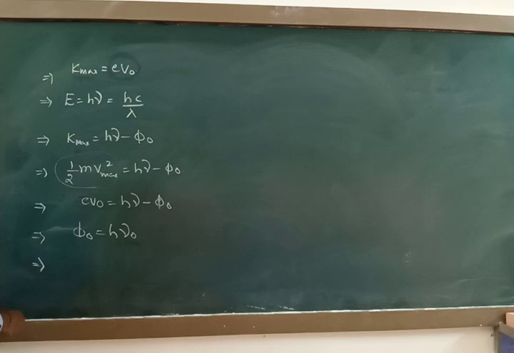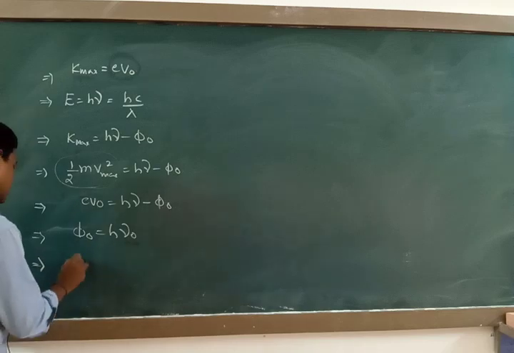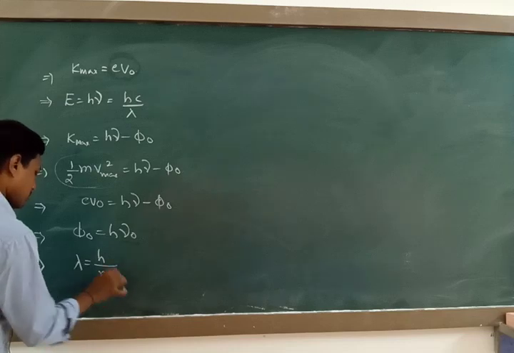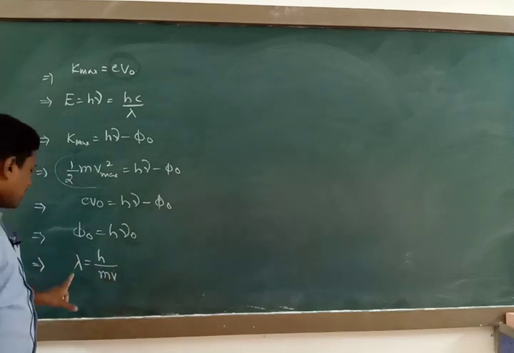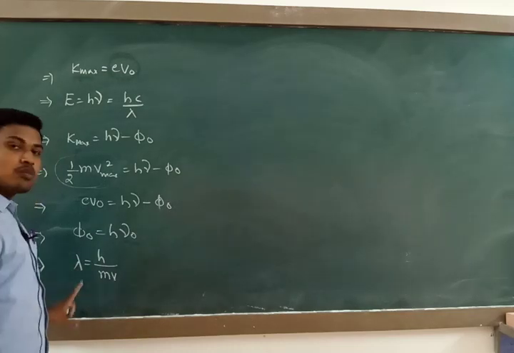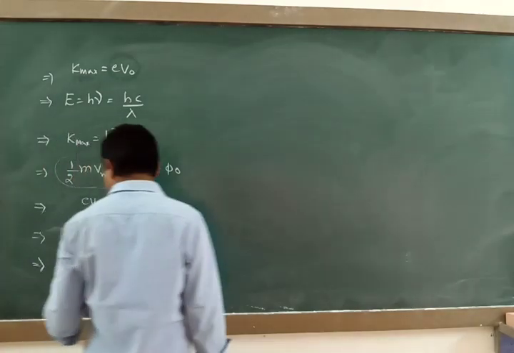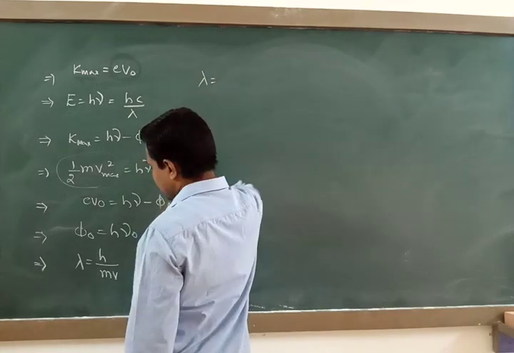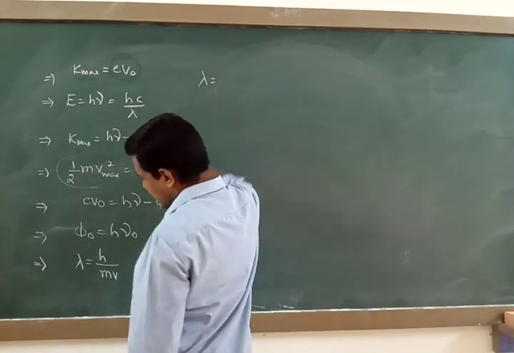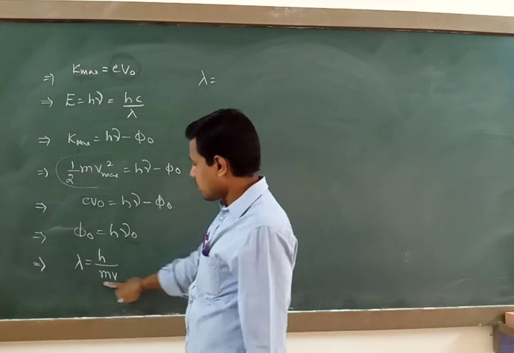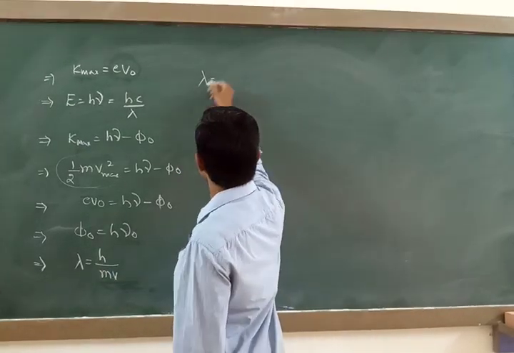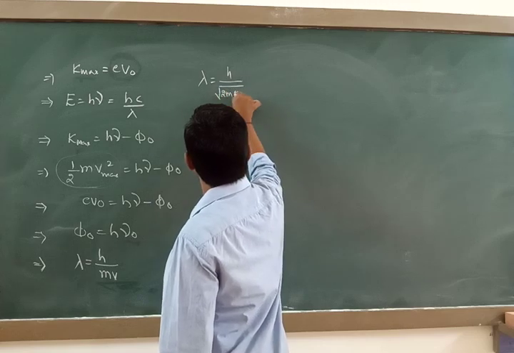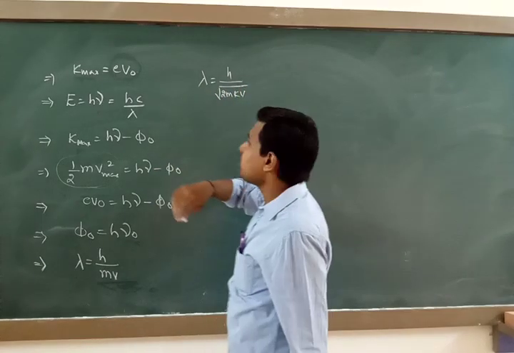Next, we have de Broglie's hypothesis, that is, de Broglie's wavelength associated with a material particle is given by lambda equal to h by mv. This is for both material as well as radiation particles. Further, this wavelength is modified in terms of kinetic energy also: lambda is equal to h divided by root of 2 m K. I think you might remember.